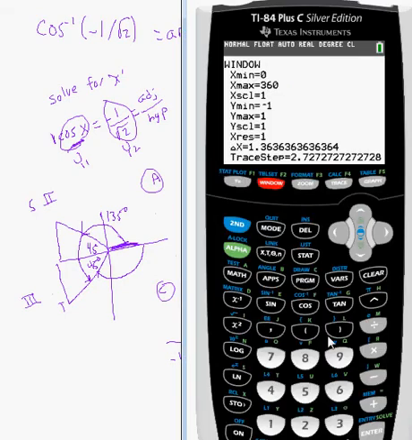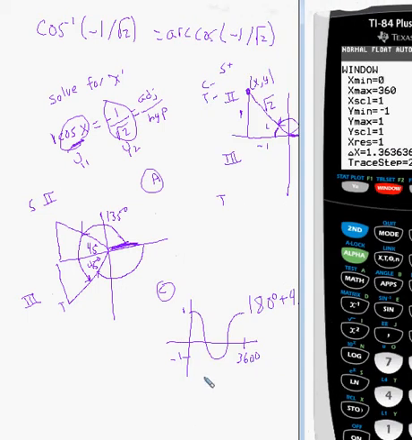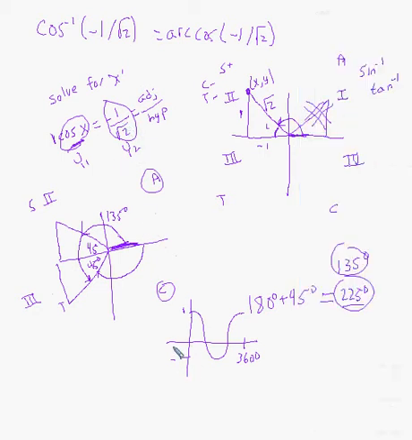So knowing that, I put my y-min at negative 1 and my y-max at positive 1. And we want to know when the outputs of cosine are going to be as low as negative 1 over square root of 2. So that's that negative 0.7. So when I graph y equals negative 0.707 here, it should be a horizontal line through negative 0.707, and I should get these two intersections here that represent the 135 and 225.